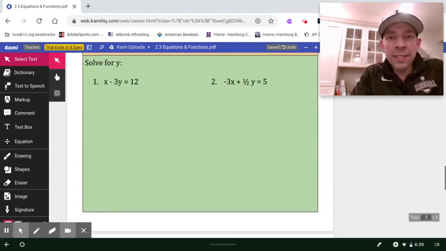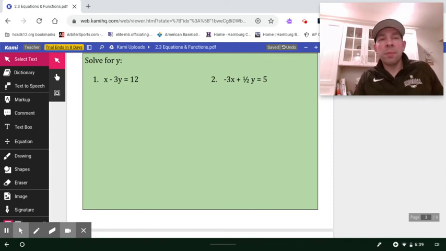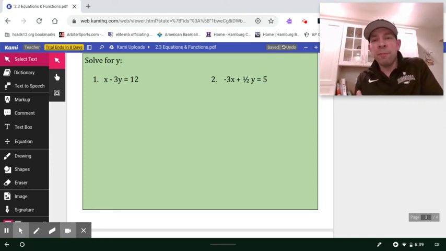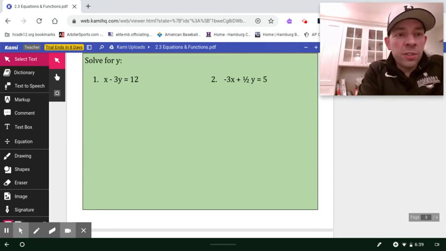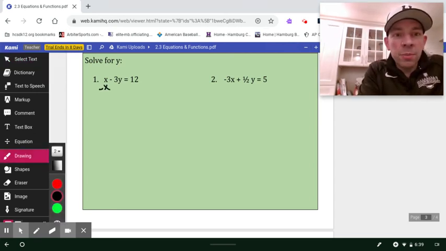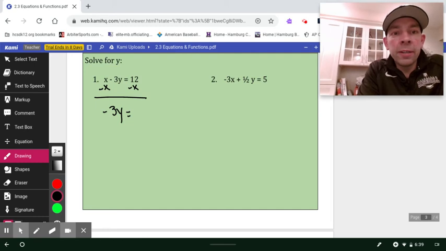The next exercise I want to practice is converting these equations. Right now they're in standard form, and we want to solve for y and rewrite them in function form. The first thing I'm going to do is subtract this x from both sides to give me negative 3y. Don't forget your negative there. Equals negative x plus 12.